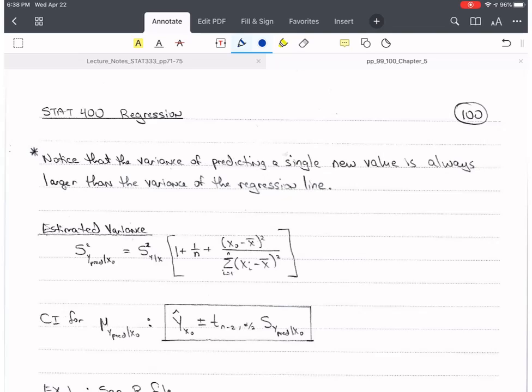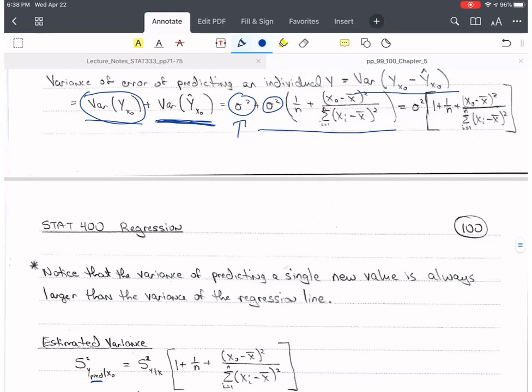Excuse me. So for the estimated variance, we're going to give this the symbol S sub y pred given x naught, so that we have some way of differentiating this notation. All right, and so by estimating the variance that we just found up here, this is not an estimated variance, that's the variance.